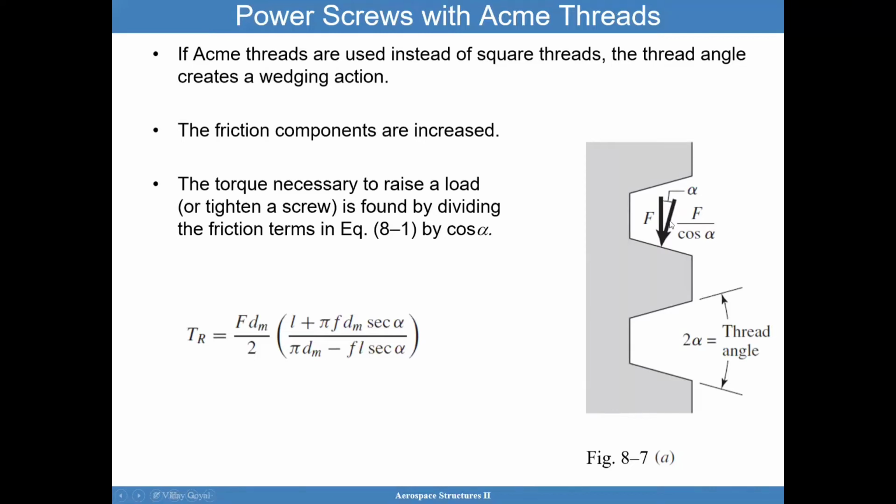So you get f divided by cosine alpha for that component, and then you can derive this equation here. The friction components are increased, so it is important to understand that the formulas differ, but they are derived in a very similar manner.